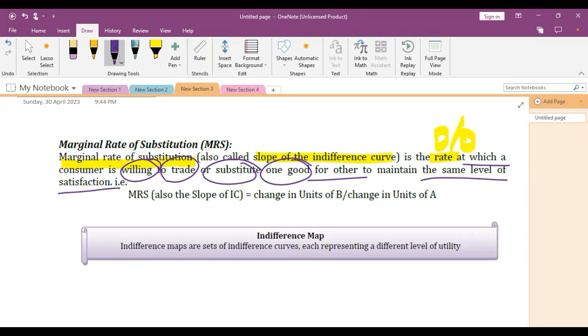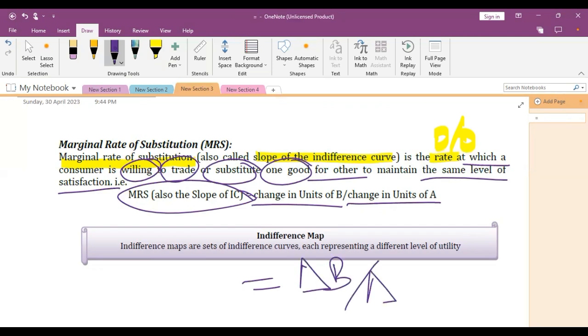So what will be the formula of MRS? It will be the change in units of B divided by the units of A, delta B over delta A. This law or this substitution effect is known as MRS. It is essential in order to maintain the same level of satisfaction.